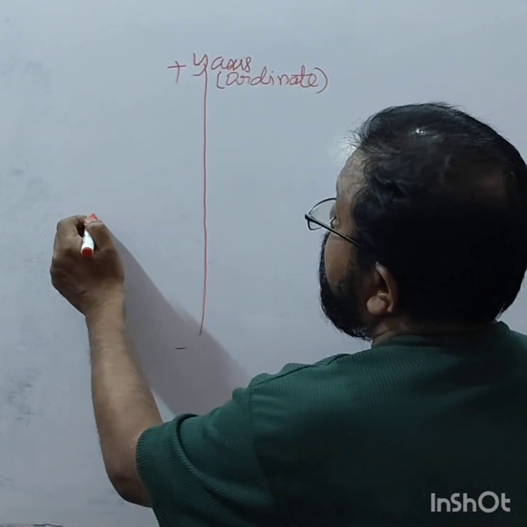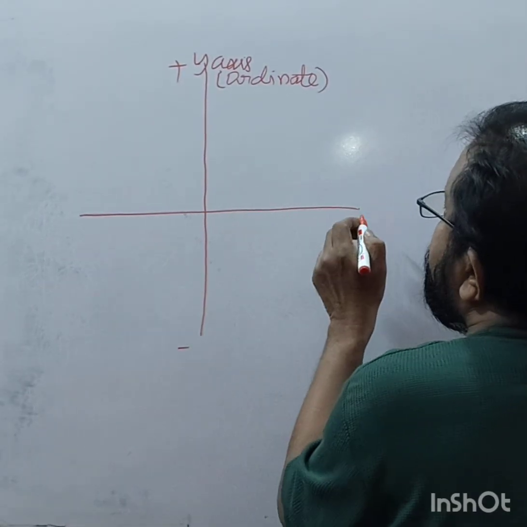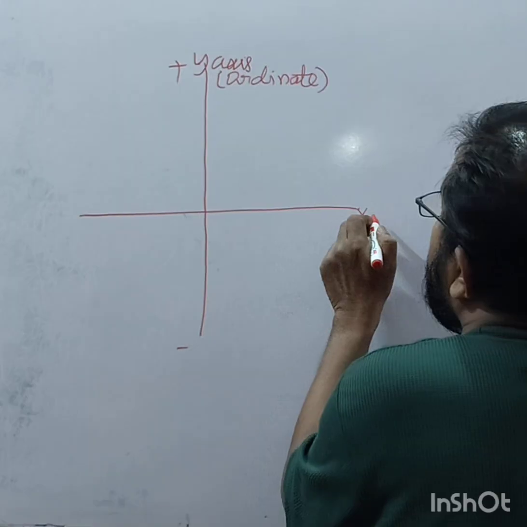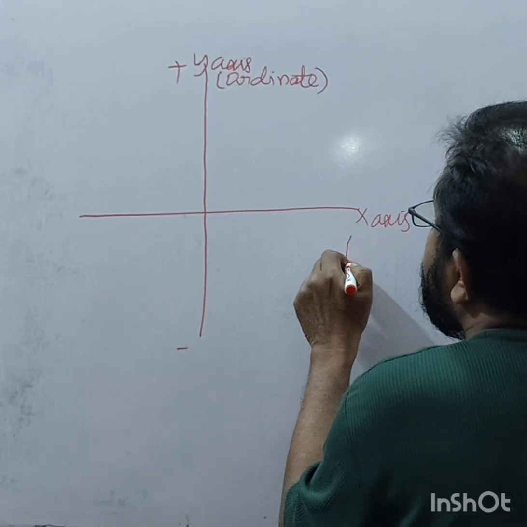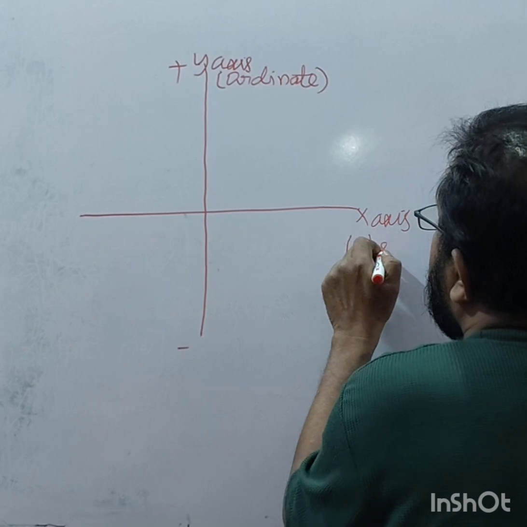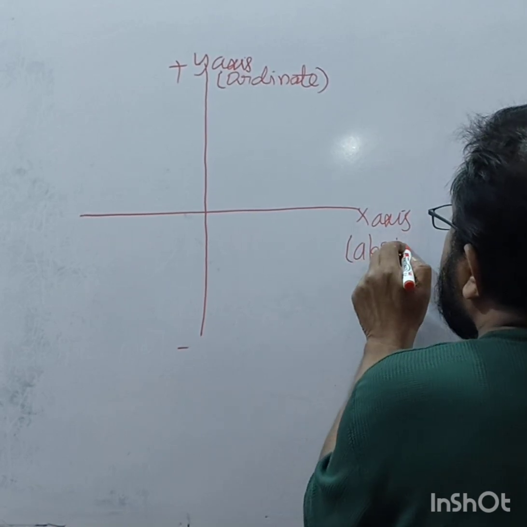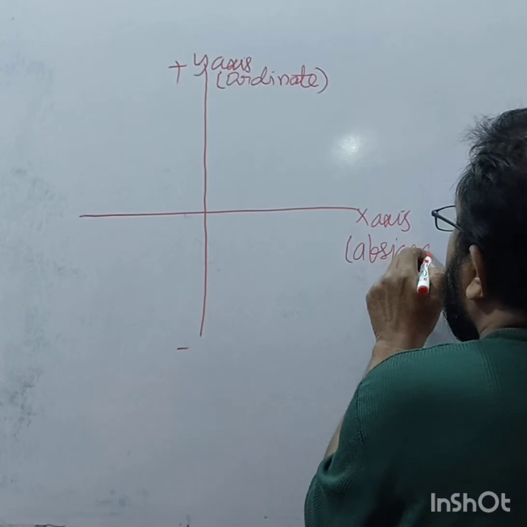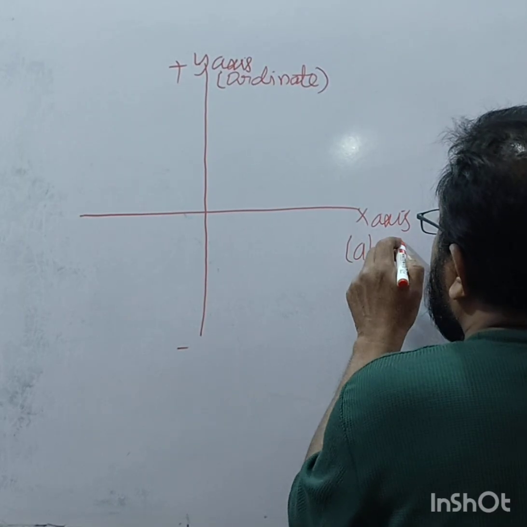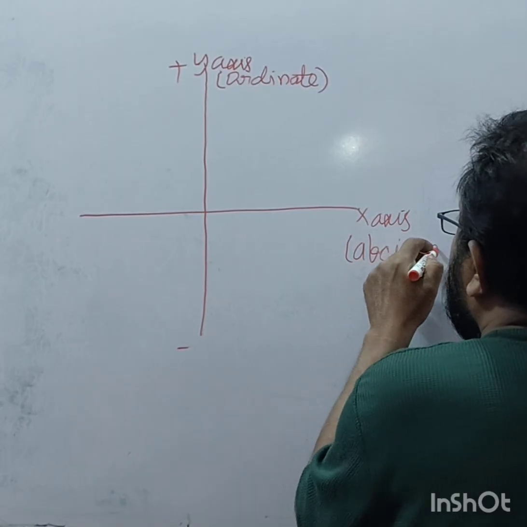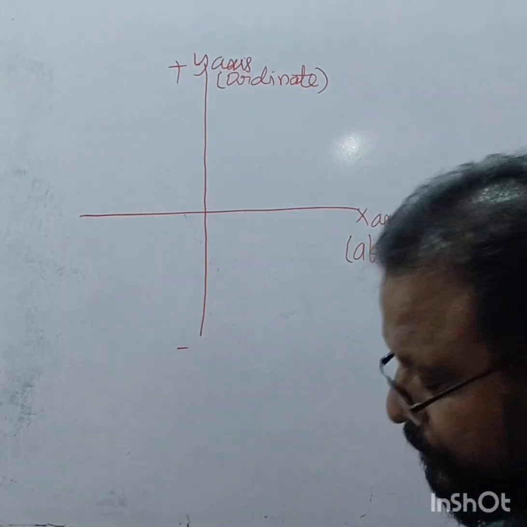And this is the x-axis. It is called abscissa. Right? This is called abscissa.